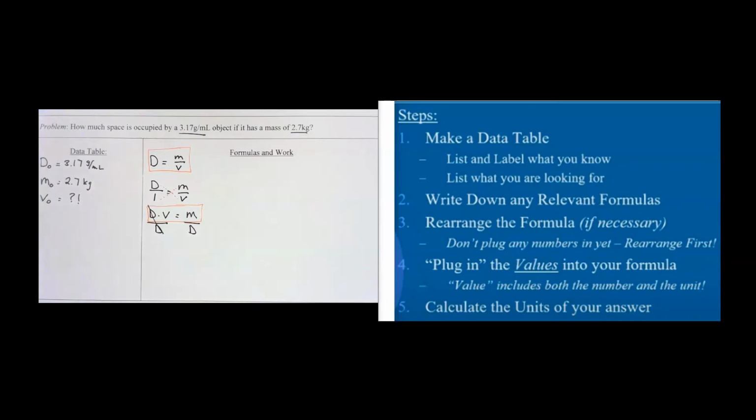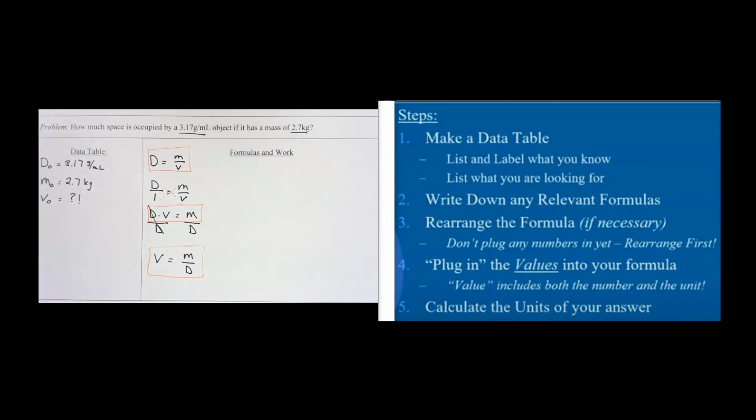Density cancels out, and I'm left with V equals M over D. That is another one of my versions of this equation. That's the version I want to use for this problem.